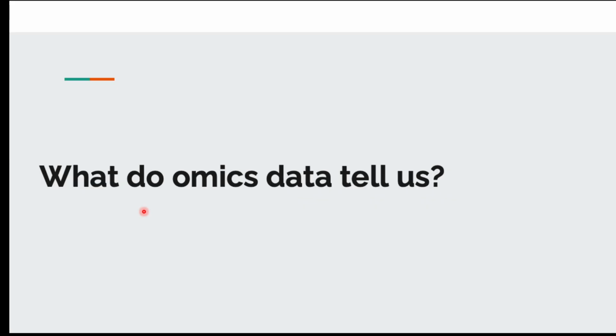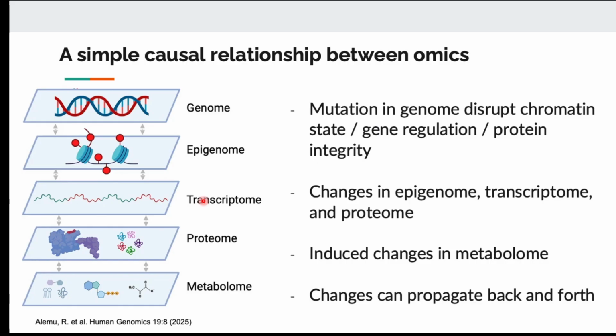Okay, so let's start with what omics data tell us. We learned about genomics, epigenomics, transcriptomics, proteomics. What biological information do these platforms tell us? So we know that there are relationships across the omics layers. Usually when you join a lab, each lab will focus on a certain type of omics because it requires different expertise and different equipment, for example.